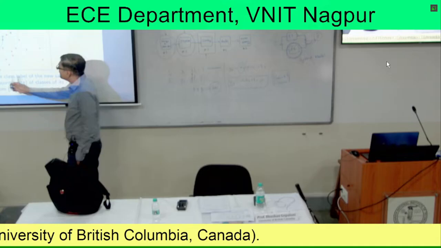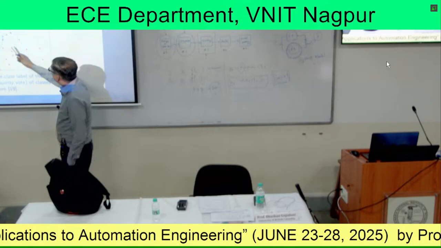And I chose K equal to 7, meaning every time I get a new sample, I look at the 7 nearest neighbors of that new sample. Now for this new sample, I have to find the distance between this sample and every other data point in my data set. And then I pick the 7 nearest neighbors. So 1, 2, 3, 4, 5, 6, 7. Those are the 7 nearest neighbors.